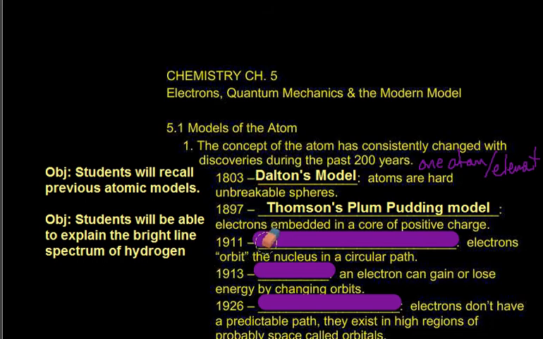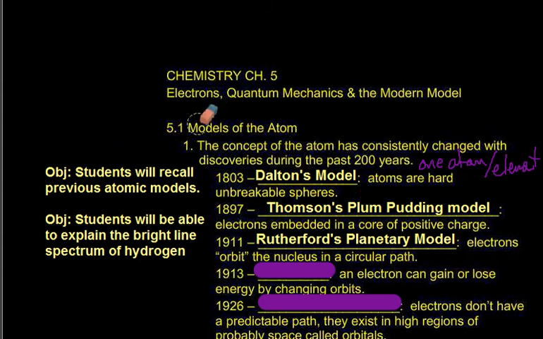Then after Thomson, in 1911, Ernest Rutherford discovers the nucleus of the atom through his gold foil experiment, firing alpha particles at a sheet of gold foil. And he felt that electrons would actually orbit the nucleus in a circular path, and they would stay in circles.